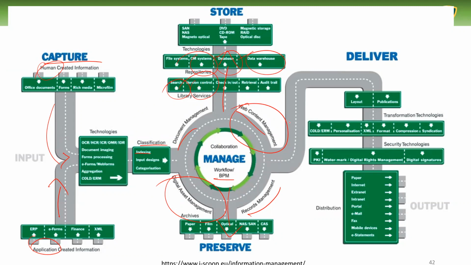After that, often the information needs to be delivered somewhere via some presentation in some user interface or via publication of documents or reports. These can take different formats, may use different technologies. Perhaps security technologies need to be implemented to ensure that items are not illegally copied and distributed.